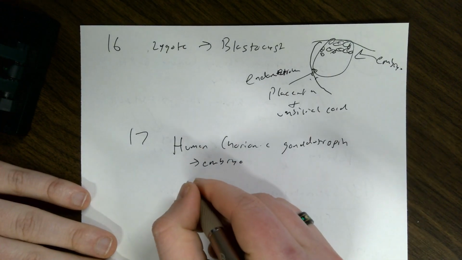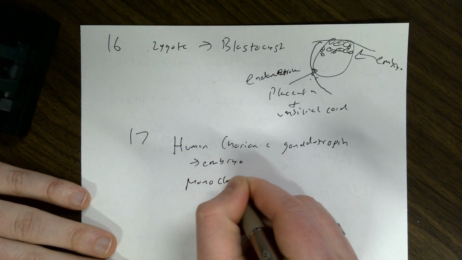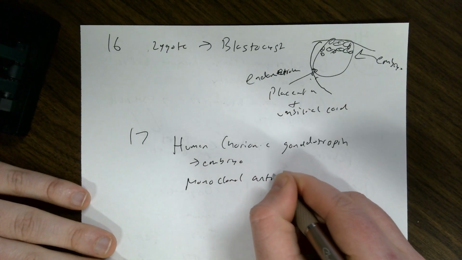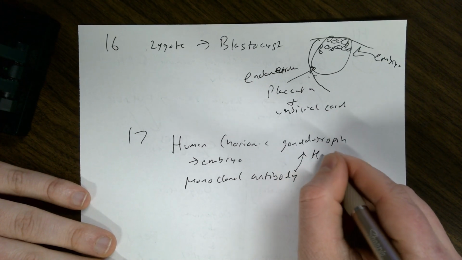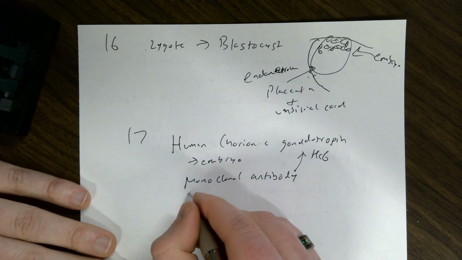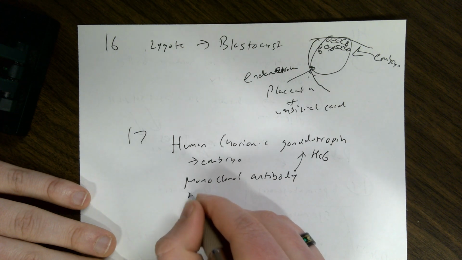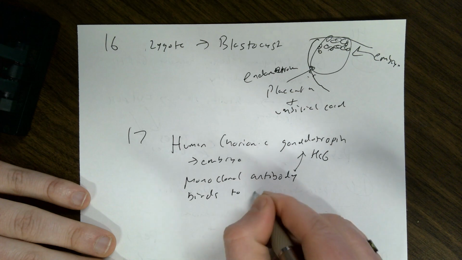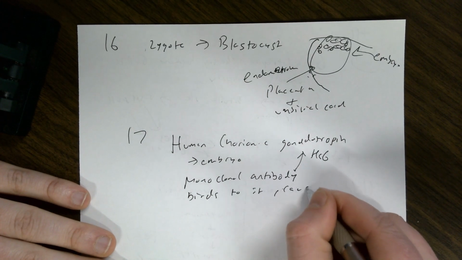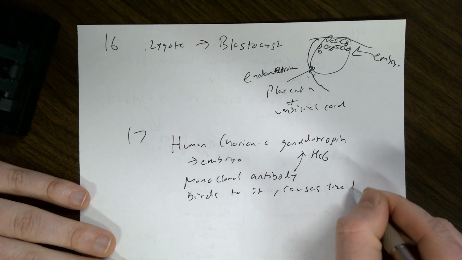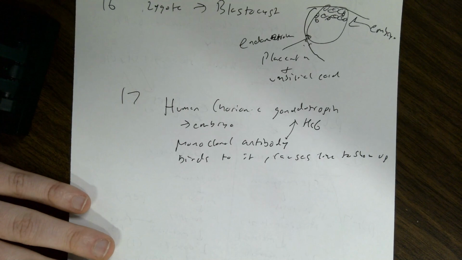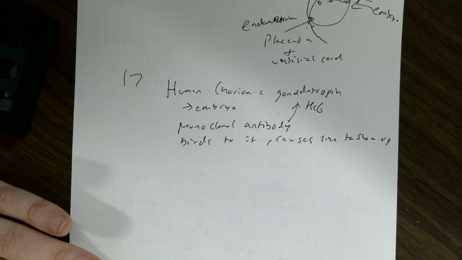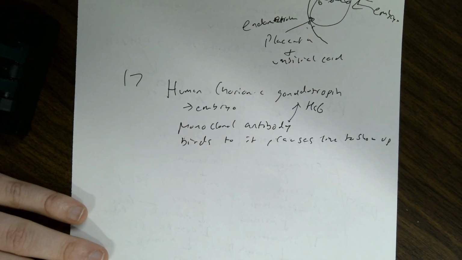And so what you do is you use a monoclonal antibody, basically, that is specific to HCG. And so what it does is it senses the HCG, it binds to it, and it causes the line to show up. You have two lines, one that tells you that the pregnancy test is working at all, and then the other one tells you whether you're pregnant or not.